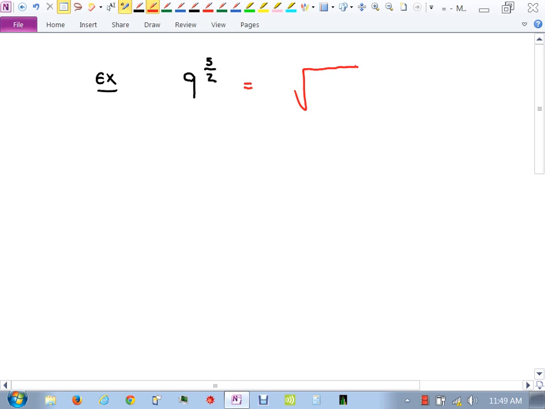What root's on the outside? 2 is the square root. I don't have to write it, but I will. And then inside is what? 9 to the 5th power.